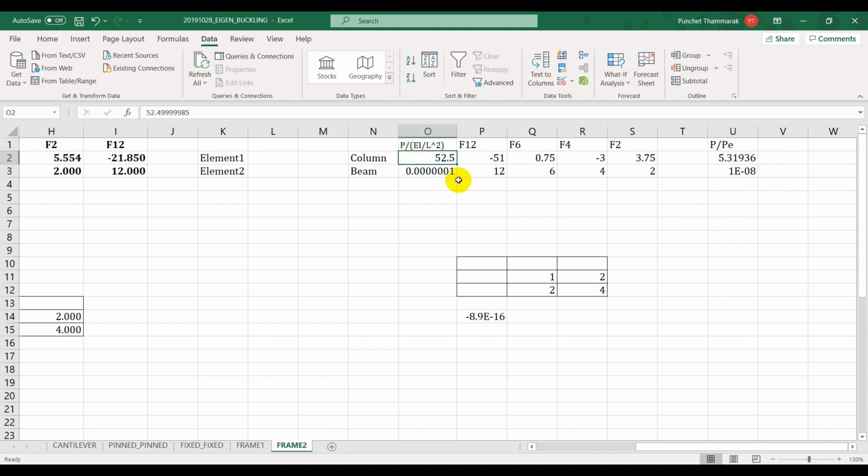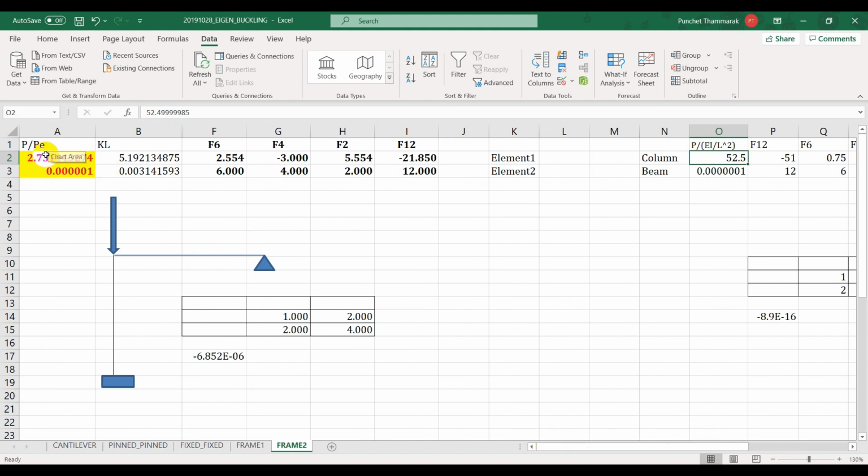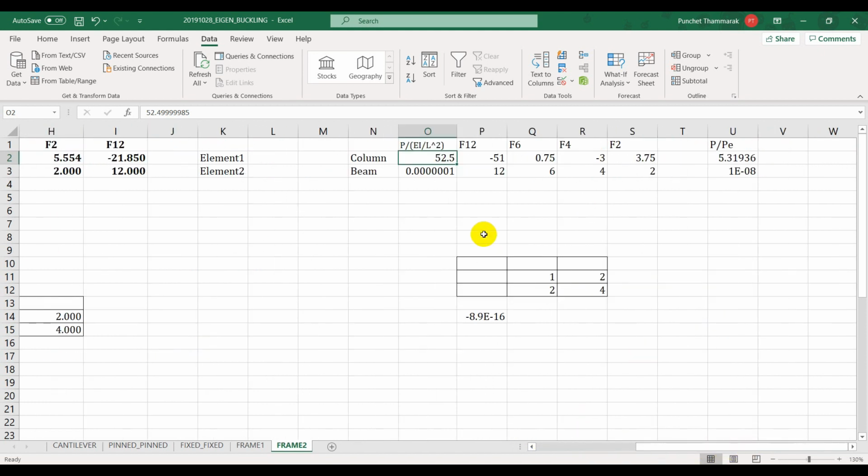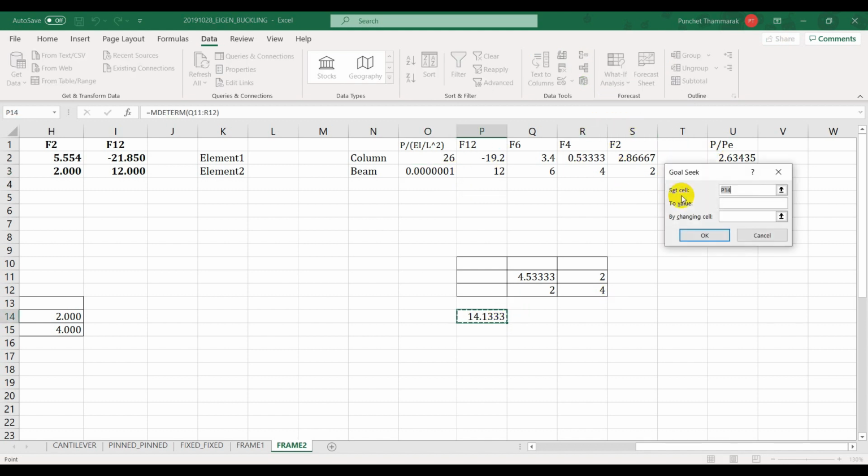Sometime maybe the guess, if it is not good, let us try something close to, this is 5.3. If we try something close to 2.7, that makes the 26. Okay, let's see if I put the initial guess which is close to the buckling load of the other one.